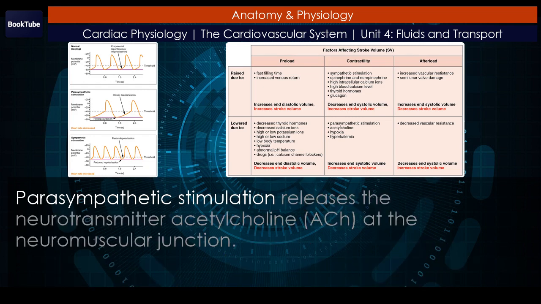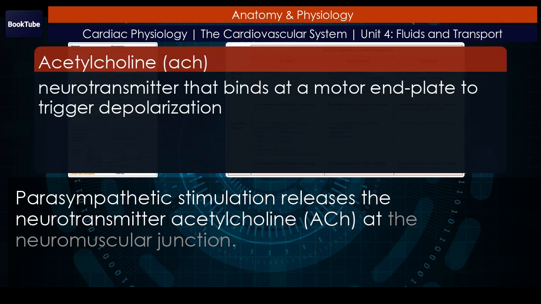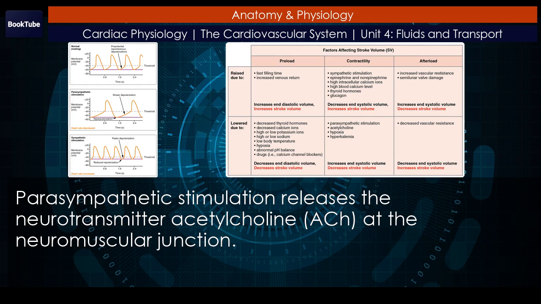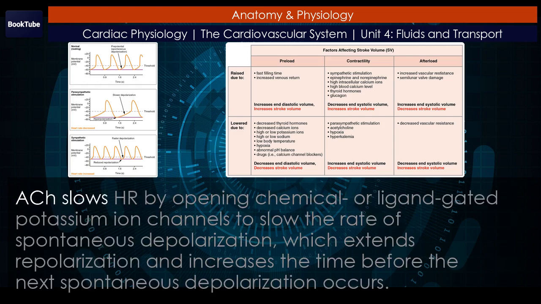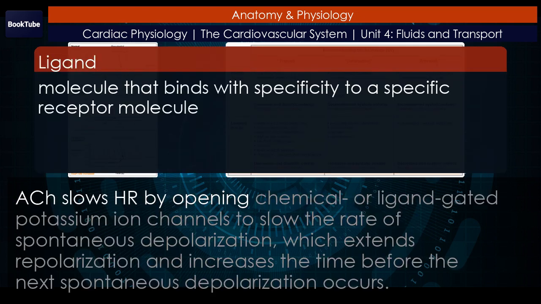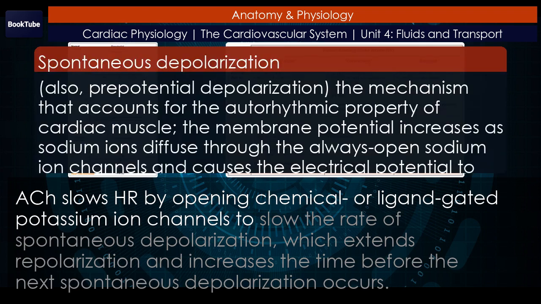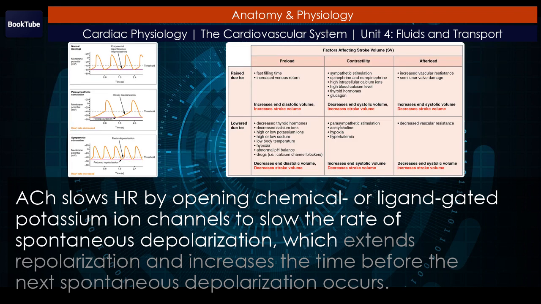Parasympathetic stimulation releases the neurotransmitter acetylcholine, ACh, at the neuromuscular junction. ACh slows HR by opening chemical or ligand-gated potassium ion channels to slow the rate of spontaneous depolarization, which extends repolarization and increases the time before the next spontaneous depolarization occurs.